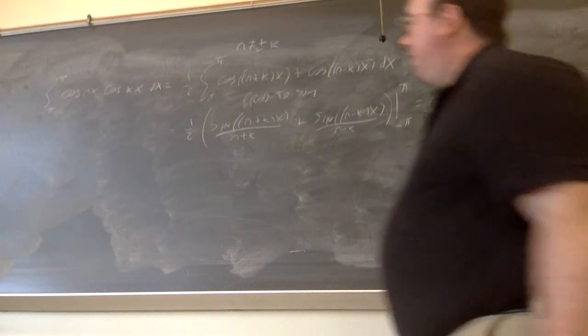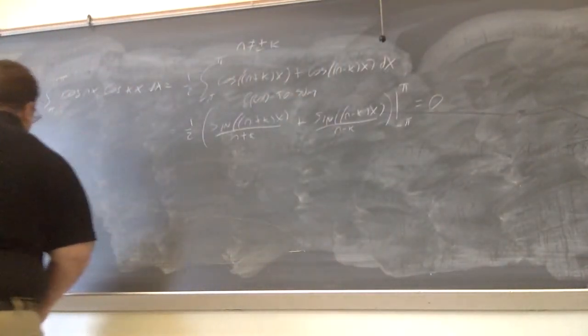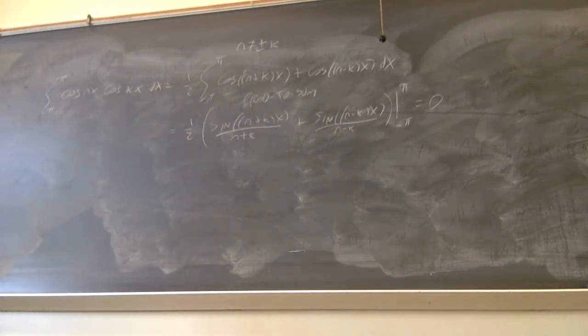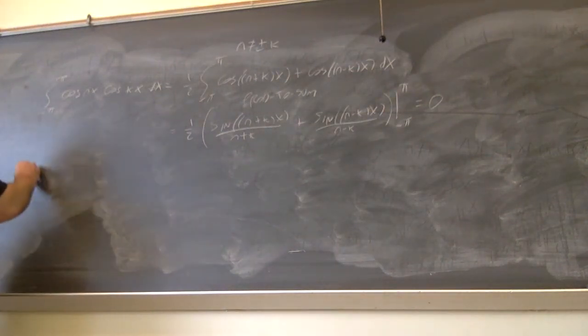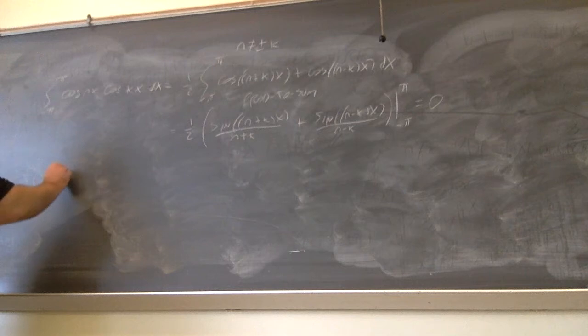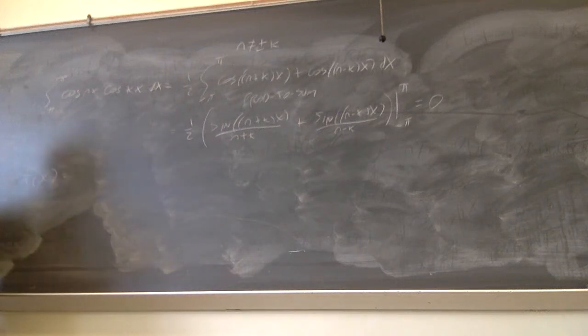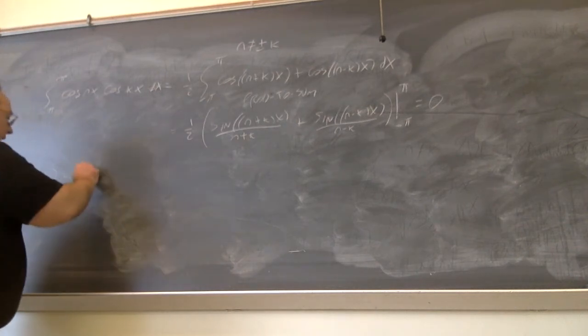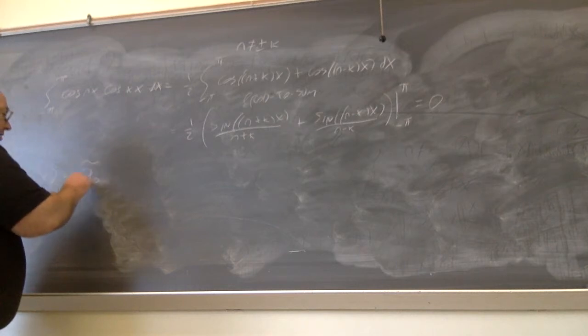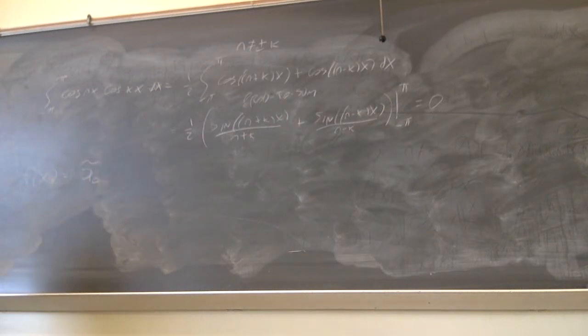Okay. Now, f of x is written as a linear combination of the orthonormal functions. So if we have these coefficients, I'll call them ak tilde and bk tilde because they're not the same as the ak and bk.